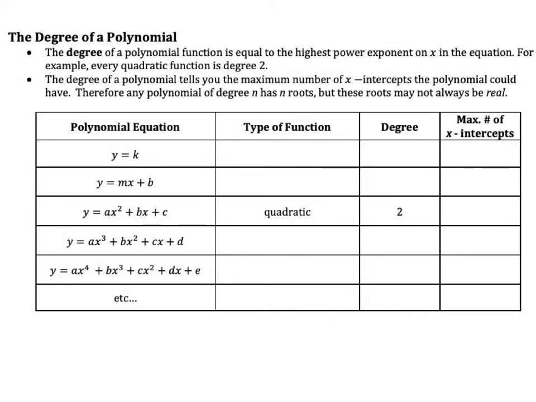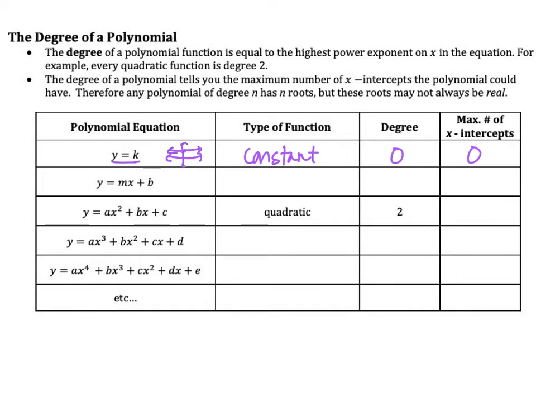So looking at this chart right here, this table, it says here you have a function y equals k, k being a constant or a numerical value, so this is called a constant function. It has a degree of 0, which means it should have 0 intercepts, right? So graphically, what did that look like? You saw that on the top of your page, right?